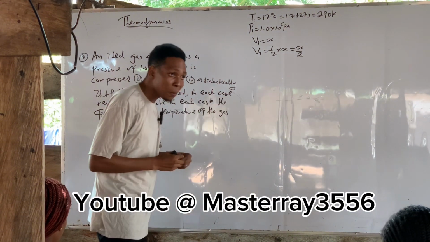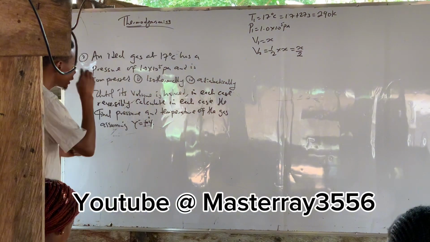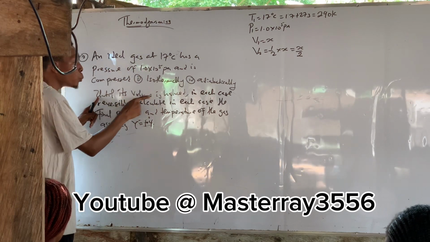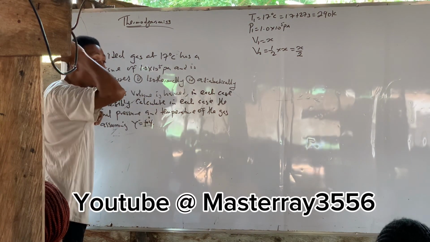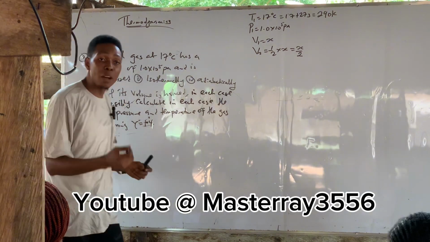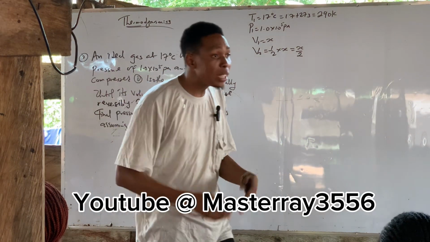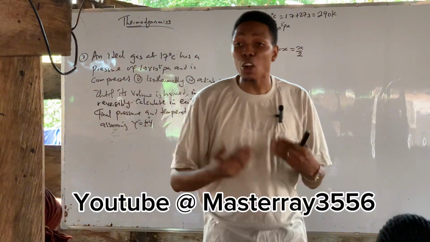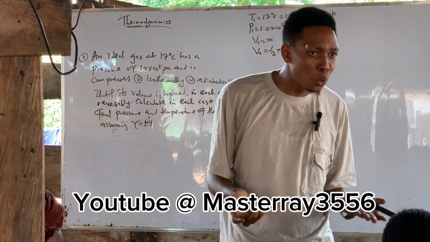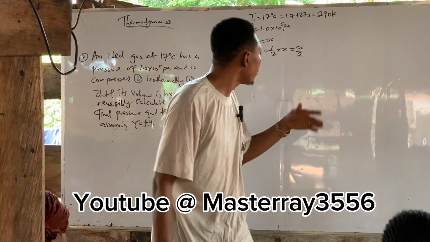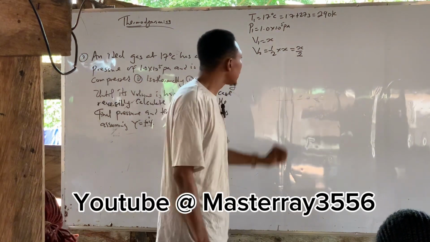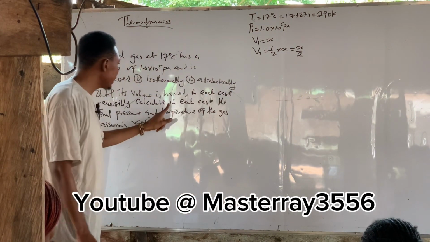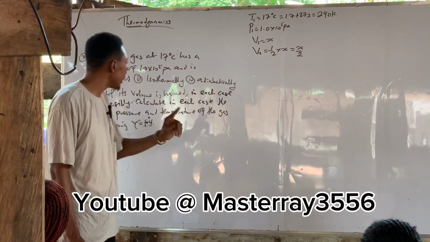Is that clear? I come again. They said until its volume is half. Half of the initial volume. And that initial volume, do you know it? No. So you can call it X. Are you following? So half of X is X over 2.